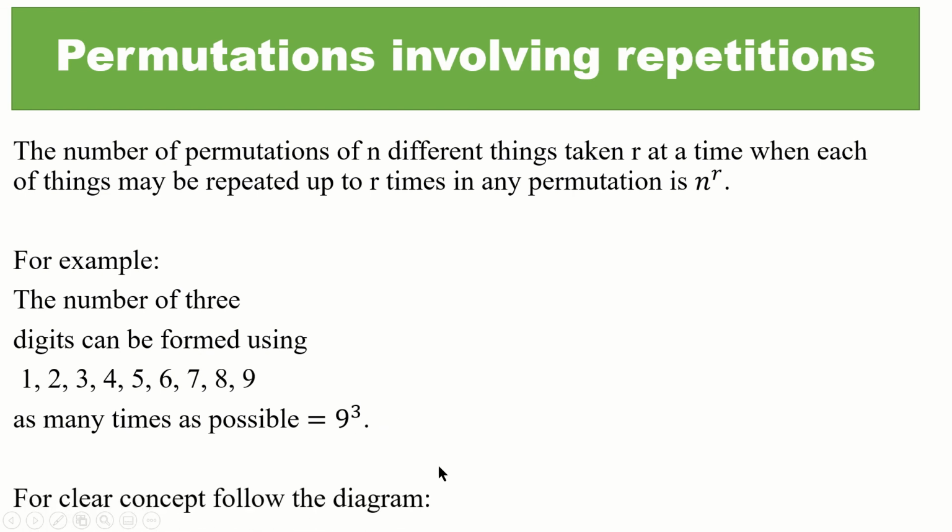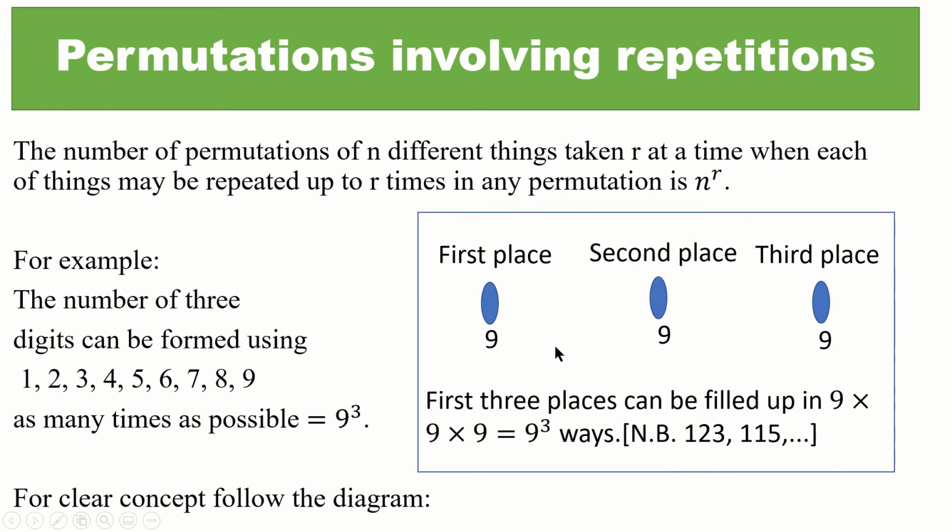For a clear concept, follow the diagram. As the number will be a 3-digit number, the first place can be filled up in 9 ways because you can use all the numbers.